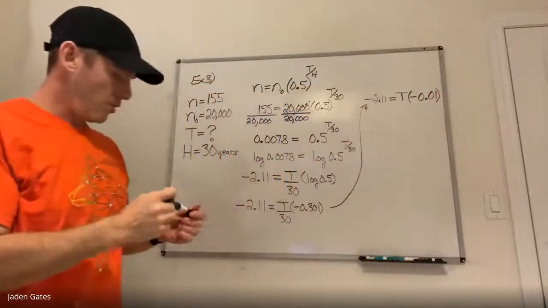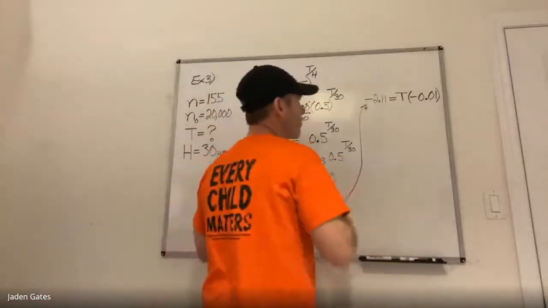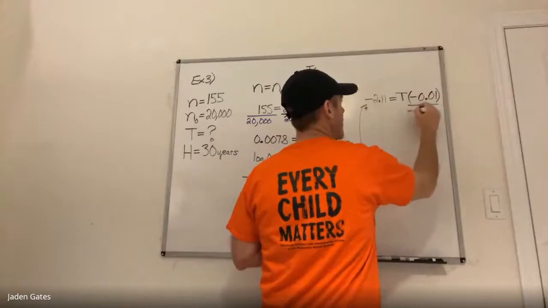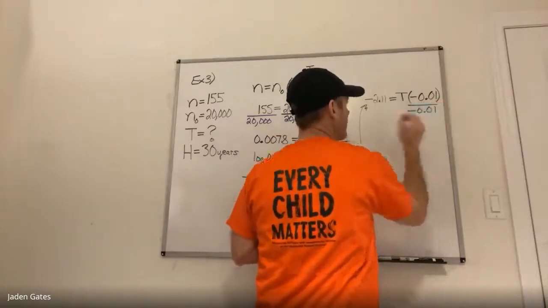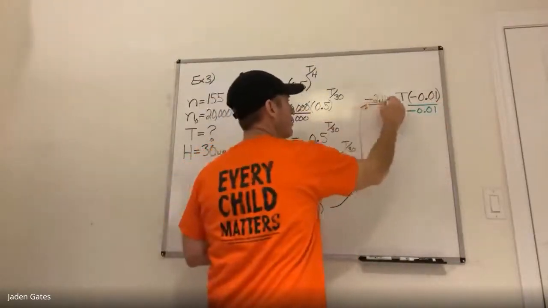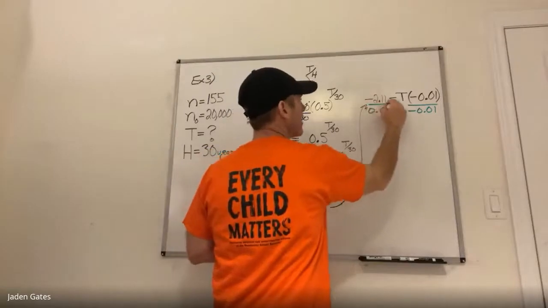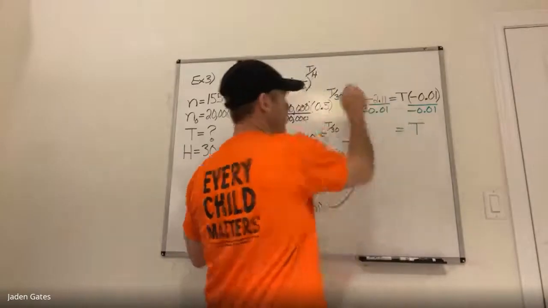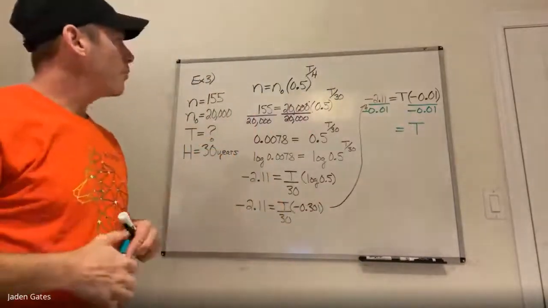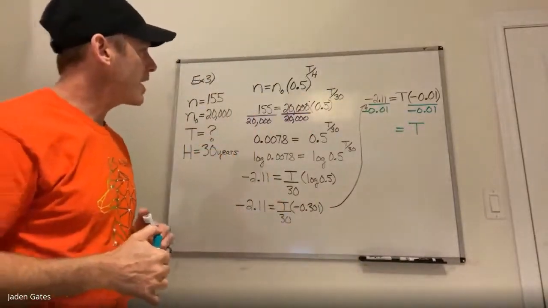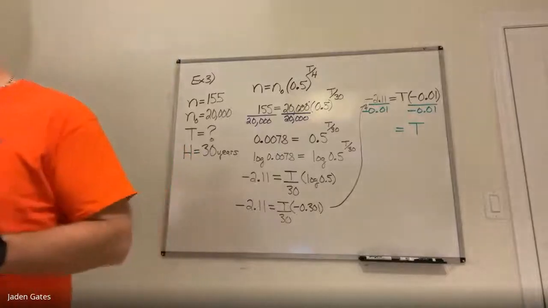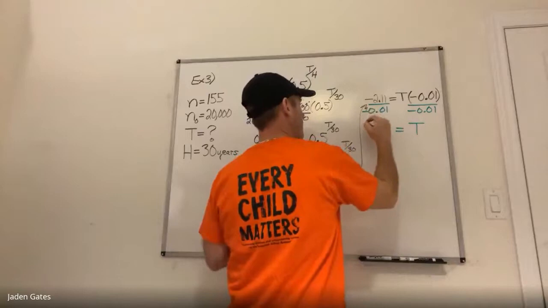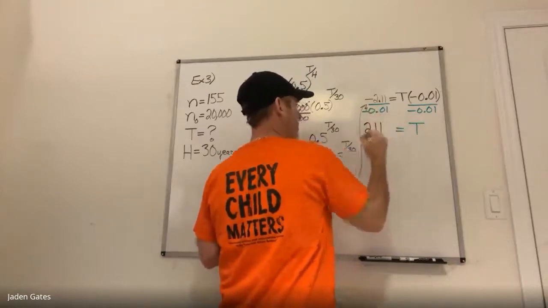All right, and so now I'm going to divide by my numerical coefficient to get t by itself. So I divide by negative 0.01. Do that to both sides. And my t value, I take negative 2.11 divided by negative 0.01, and I end up with 211.